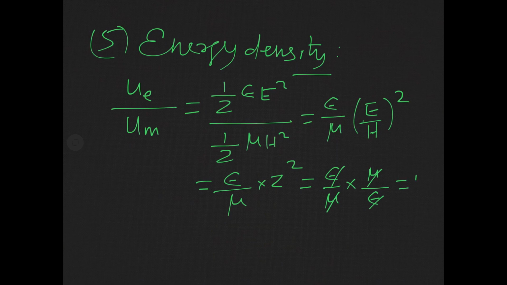So you can see from here, these will cancel out and the result is 1. And so we conclude that in this case, just like in free space, UE is equal to UM. So you can see all the results are just identical to the result obtained in the case of the wave propagation in free space. Now let us find the total energy density in this case.